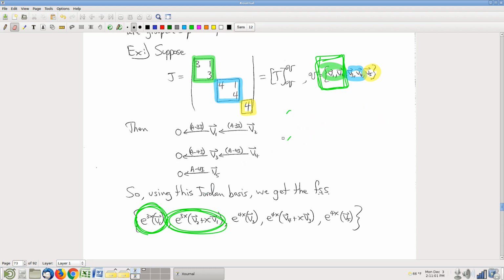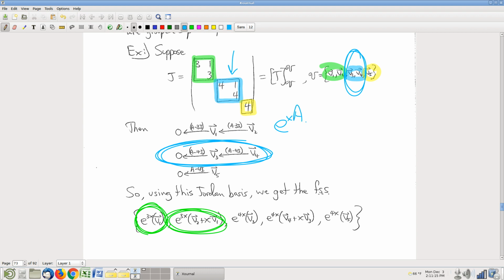Let's look now at the blue one. Looking at this block, these are the basis vectors that we care about, V3 and V4. e^{xA} times V3. Conveniently, V3 corresponds to a column with only a diagonal entry. It's an eigenvector, with a simple formula for eigenvectors.